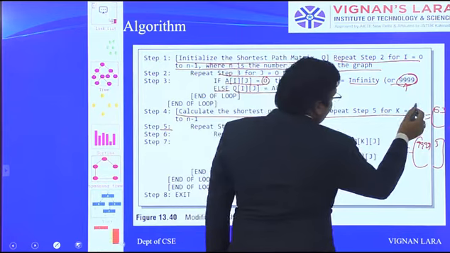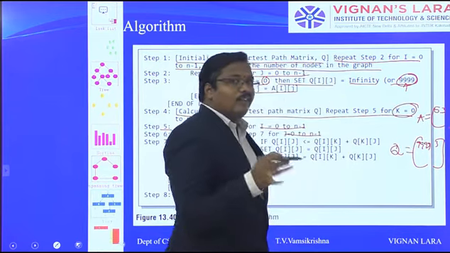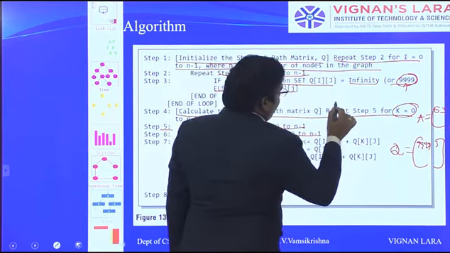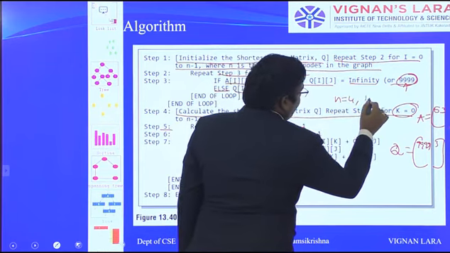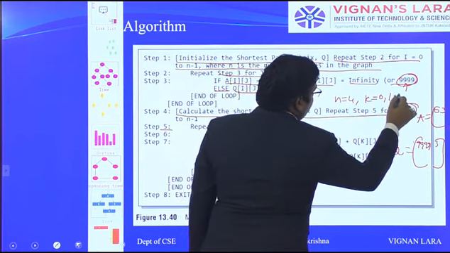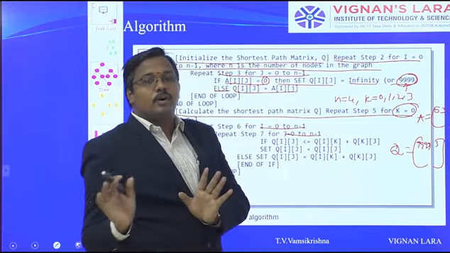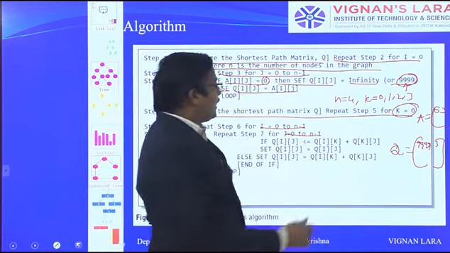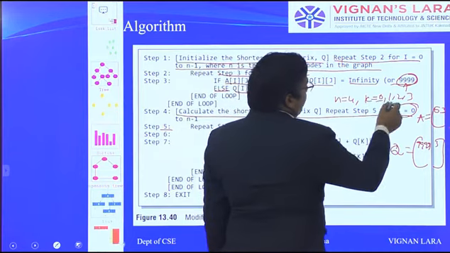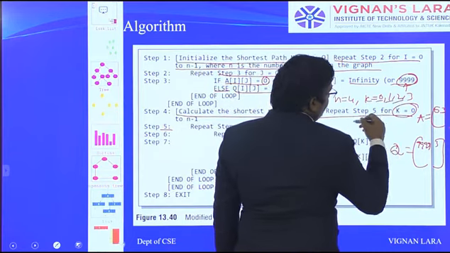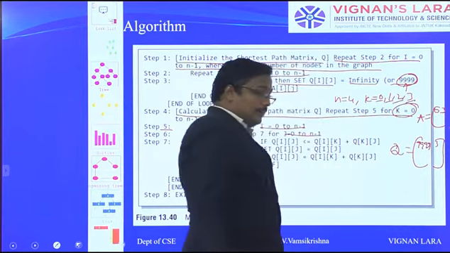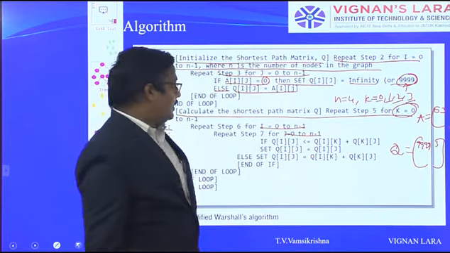That's why k represents via vertices. Suppose the n value is 4, the possible k values are 0, 1, 2, 3. n represents the 4 different vertices. One time we take 0 as a via vertex, another time 1, another time 2, another time 3.